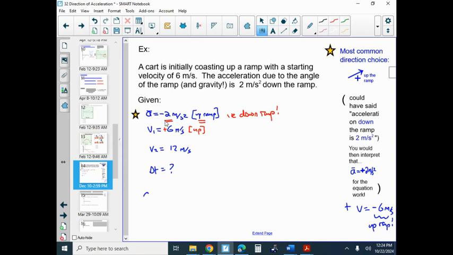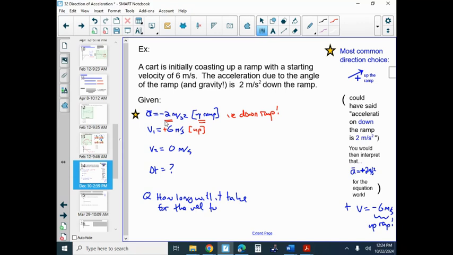So the question could have been, how long will it take for the velocity to... I can't do that actually because it's slowing down. So let's go 3. How long will it take for the velocity to get half, or do you want to go with 0? That'd be like, how long does it take to stop going up the ramp? Let's do that one.